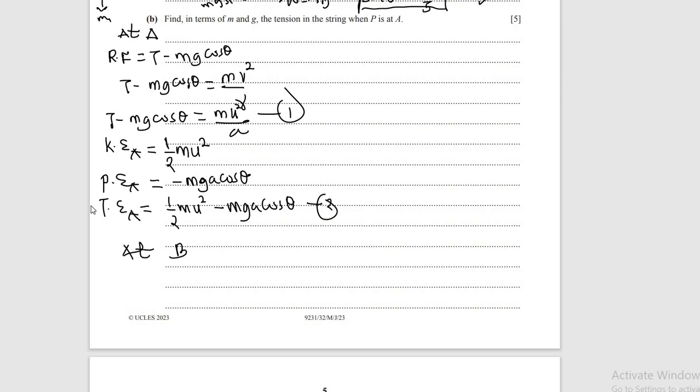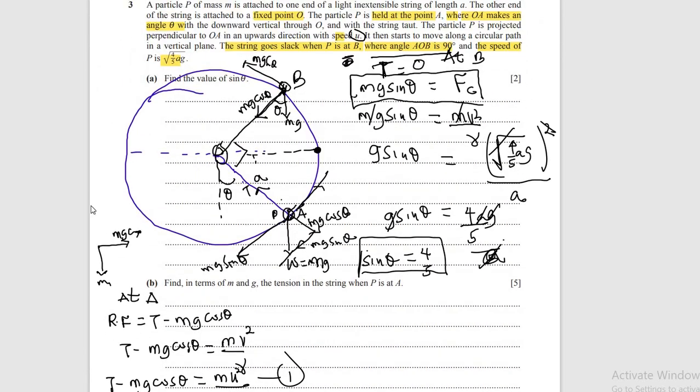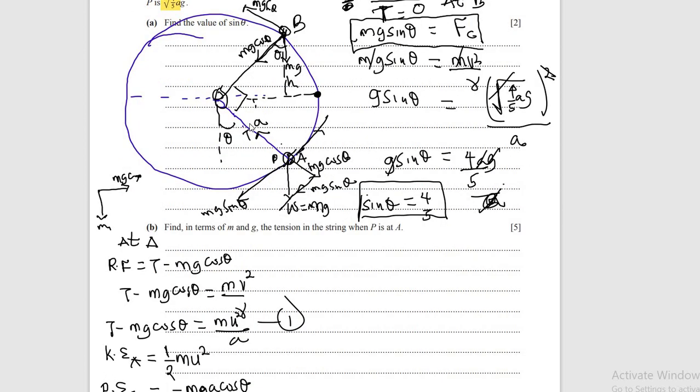Now at B, the particle is at B. So what happened at B? The particle has gained height, from A to B. Look at the height.